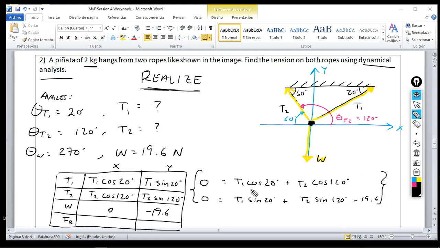So let's calculate the cosine of 20, the sine of 20, the cosine of 120 and the sine of 120, and simplify these equations.